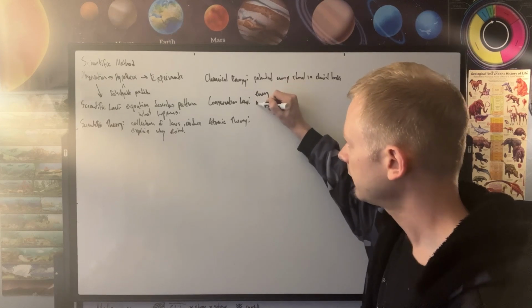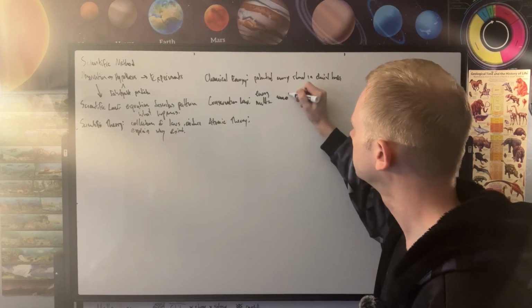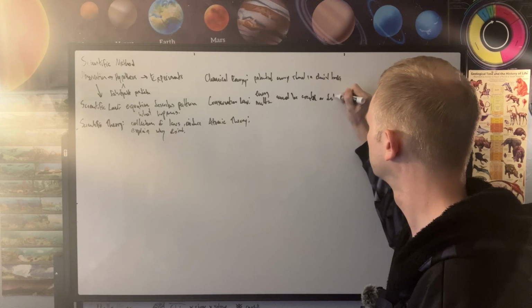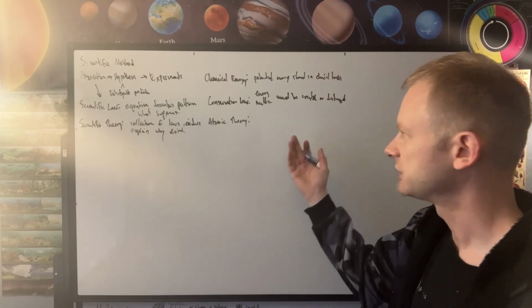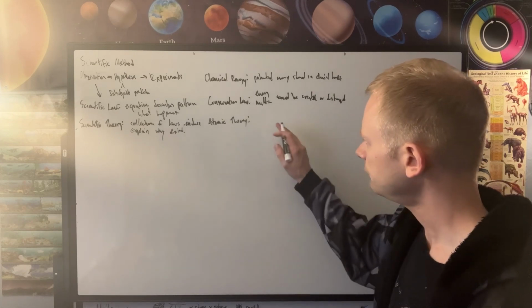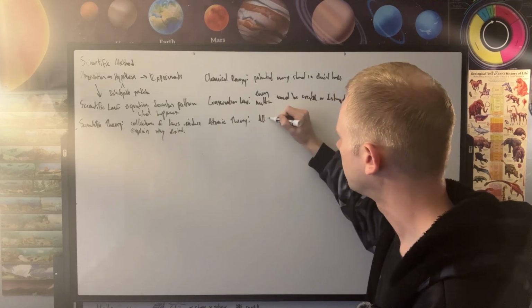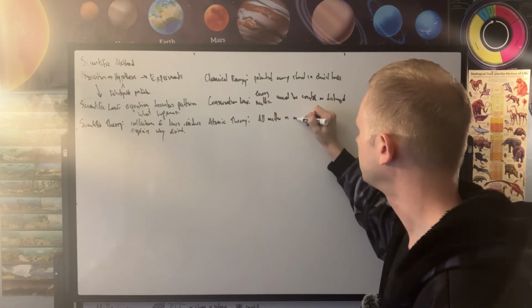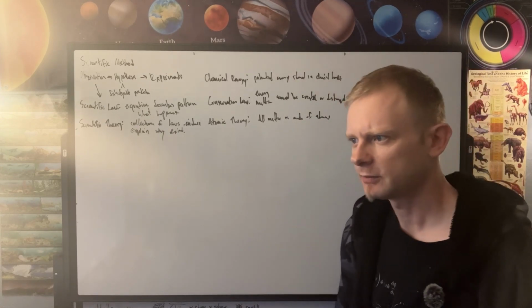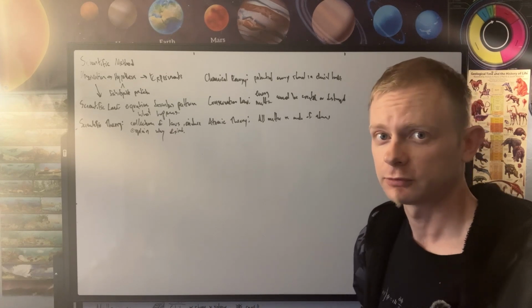For energy and matter, the conservation law applies, so they cannot be created or destroyed, which means that on both sides of chemical equations, you're going to have the same amount of stuff. And the atomic theory is also important because it says that all matter is made of atoms. That means we can use the periodic table to figure out what anything in the world is made of, which is really cool.